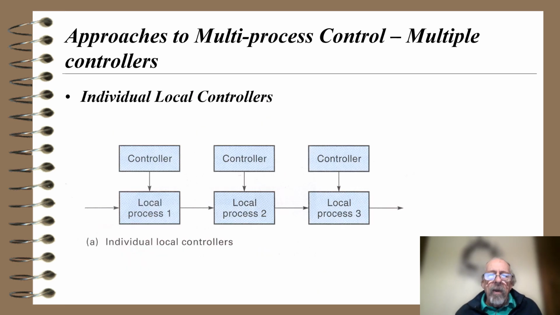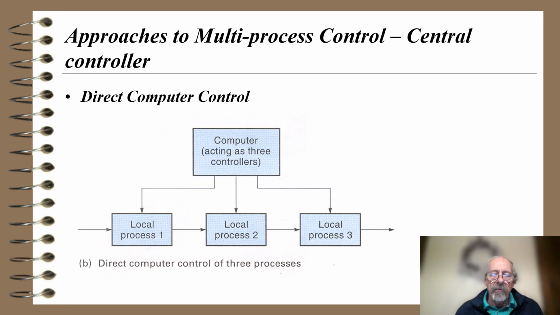So we have different approaches to multi-process control. We can have multiple controllers. In this case you see local process 1, local process 2, local process 3, and we have 3 separate controllers to control each one of those separate processes. That's called individual local controllers. Here's direct computer control, a computer acting as 3 controllers.